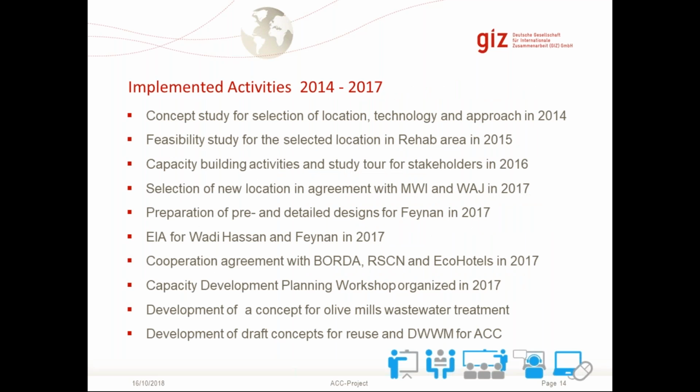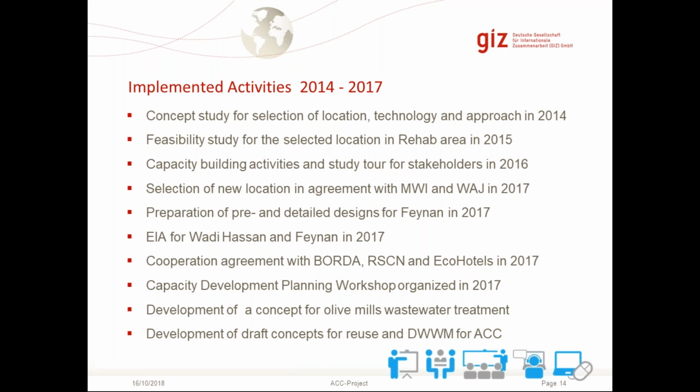What has been done until now in the last 3 years, 4 years since the project started: we did different concepts. We started with a conceptual study in 2014, followed by a feasibility study to select areas for our pilot activities.